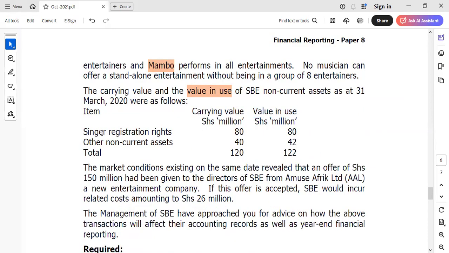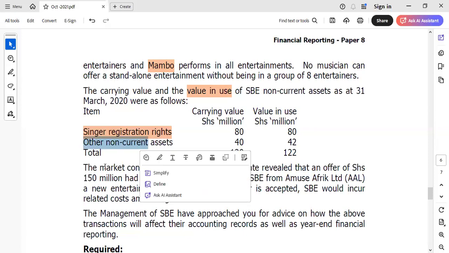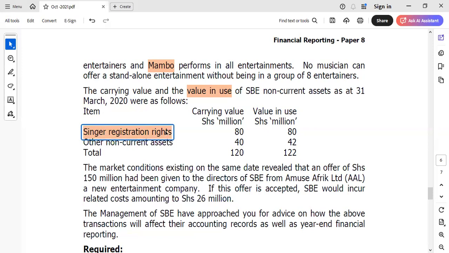You have the single registration rights, okay? Then you have other non-current assets. Remember, this is an intangible asset, which is accounted for under IAS 38. For us, we are interested in IAS 36, other non-current assets you have.